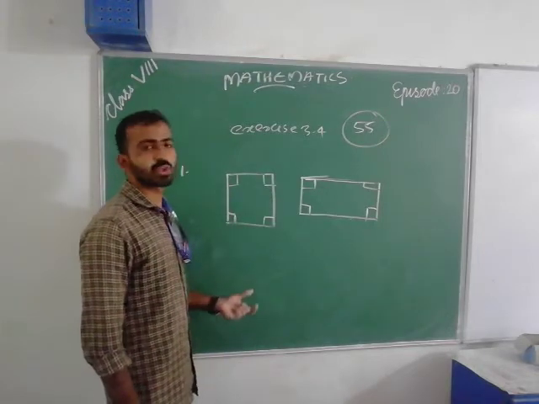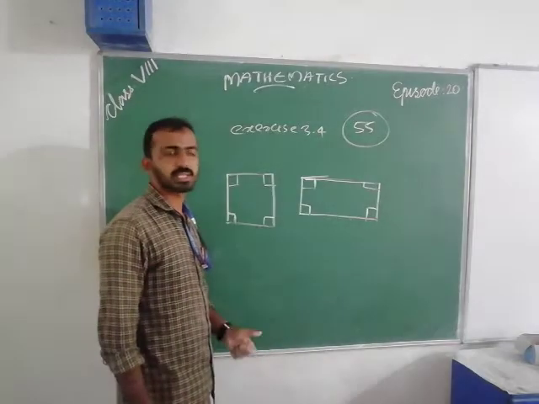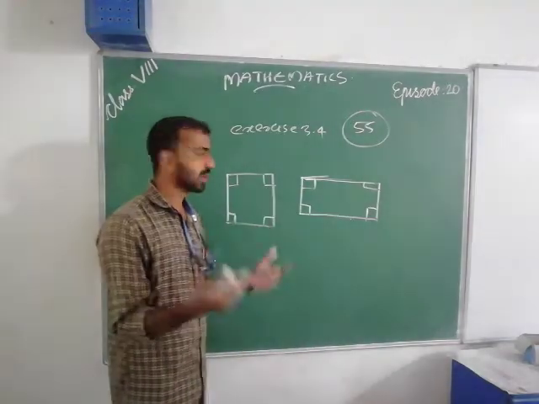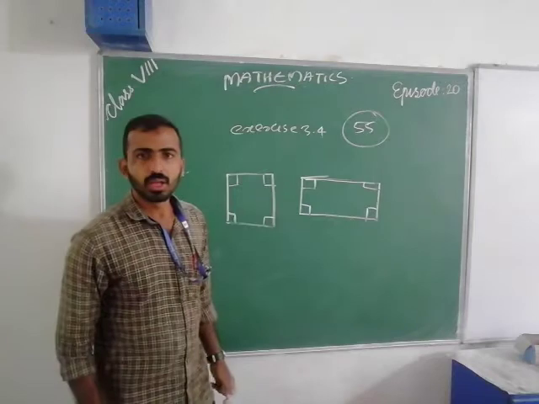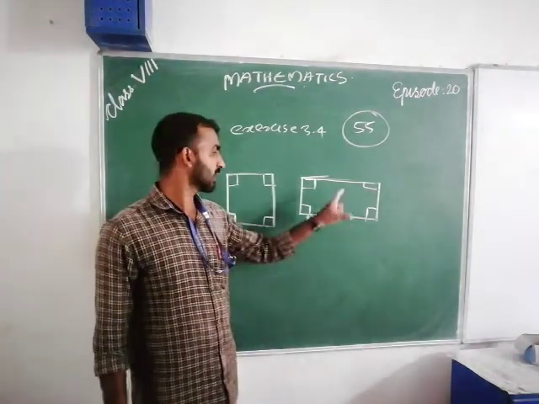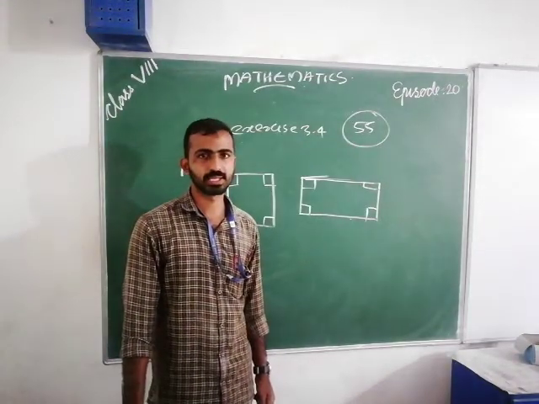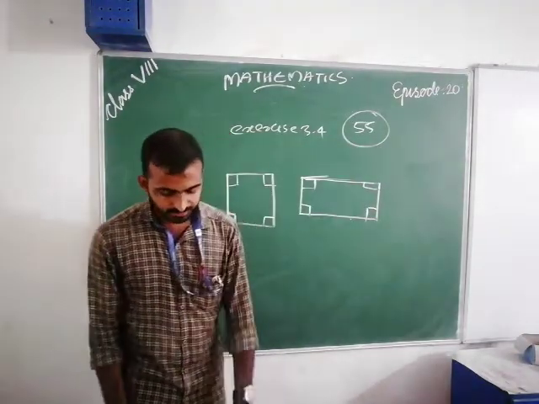And a square is a rhombus too: all sides are equal and opposite sides are parallel.